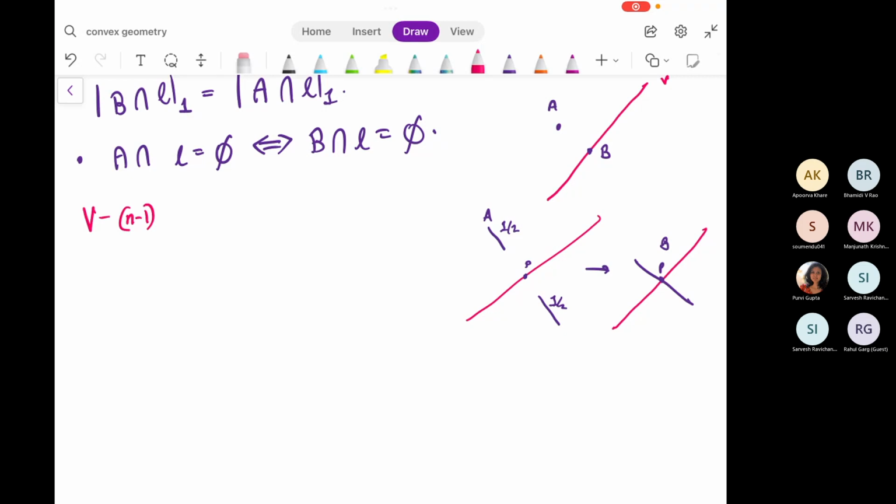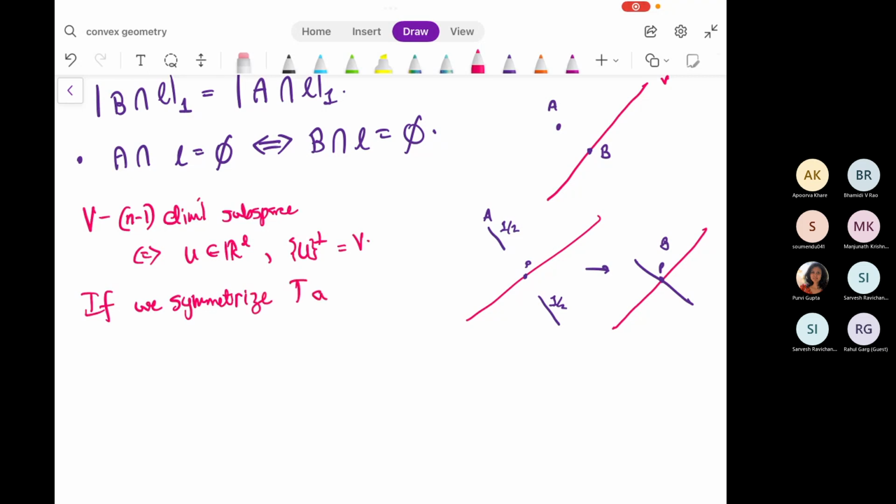So yeah, we were talking about n-1 dimensional subspaces here, but every n-1 dimensional subspace also corresponds to a particular vector u, in the sense that everything that's perpendicular to u creates V. So if we symmetrize a set T about u perp, then we call the symmetrization T_u. Then T_u denotes the symmetrization.